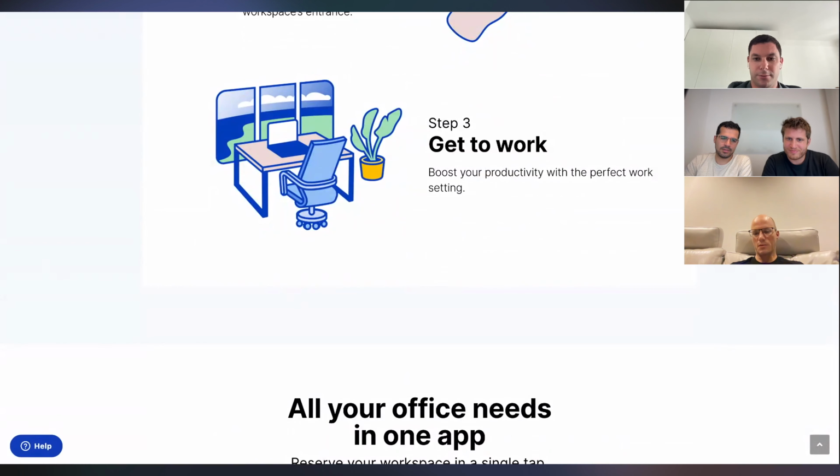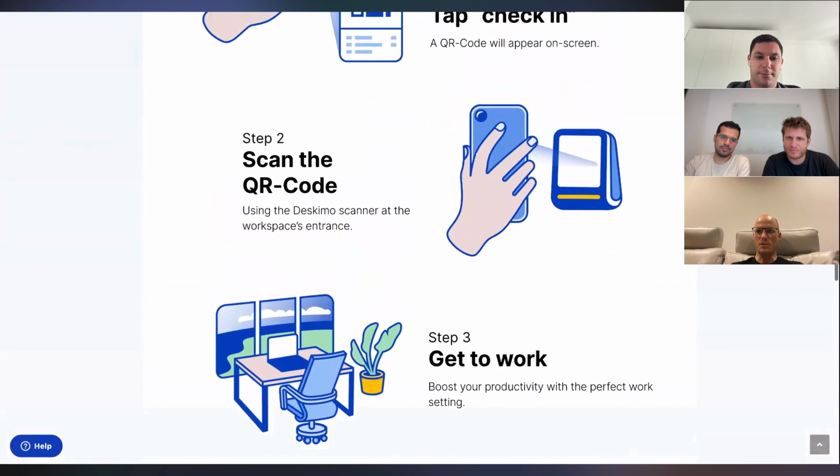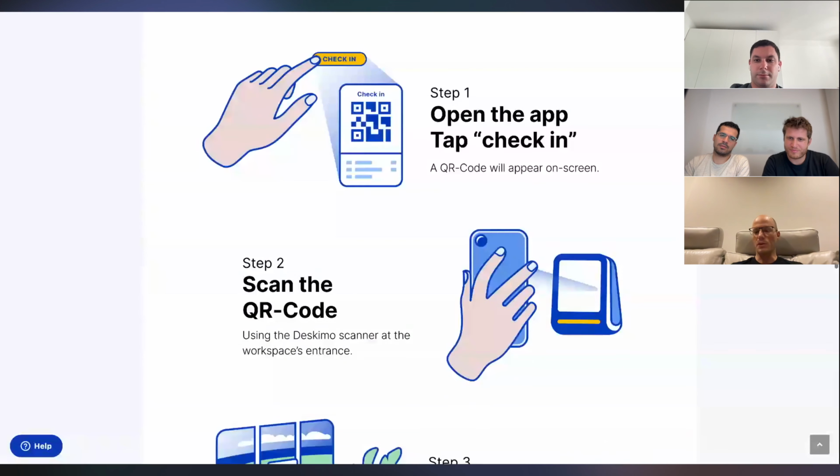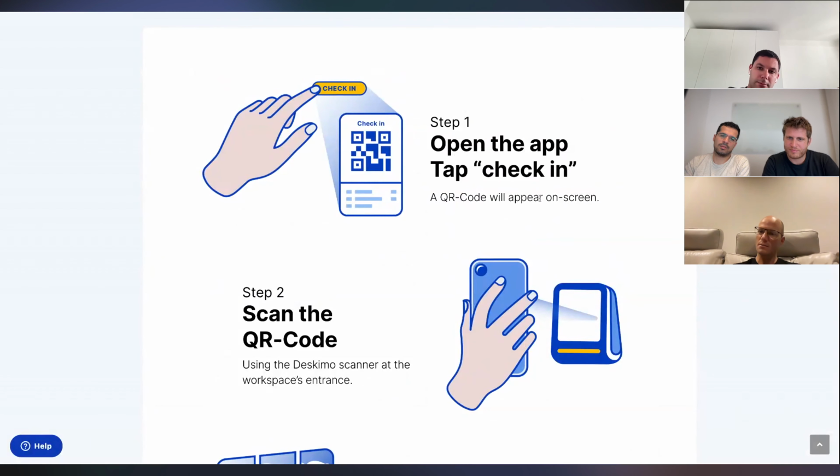Yes, it is market by market and within the market, city by city. It's because it's workspace by workspace that we sign up as a partner. So right now, we try to increase the regional coverage in Southeast Asia. We're in 5 countries right now. So we are slowly globalizing, but started with a regional approach.